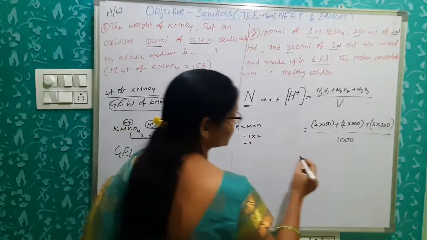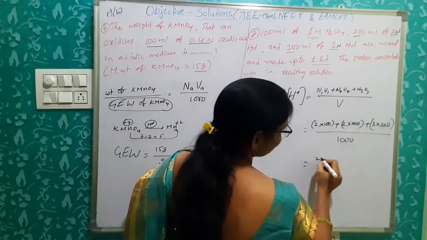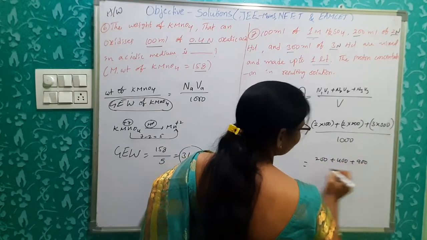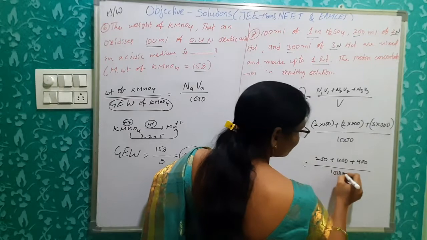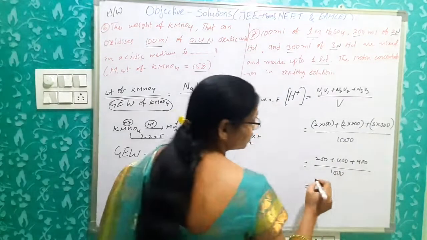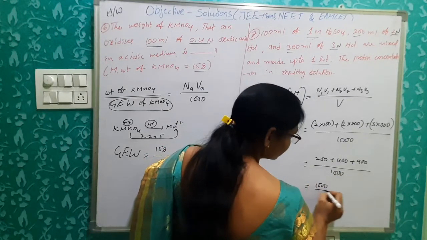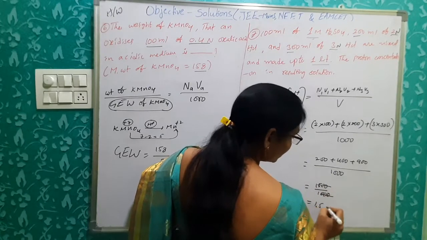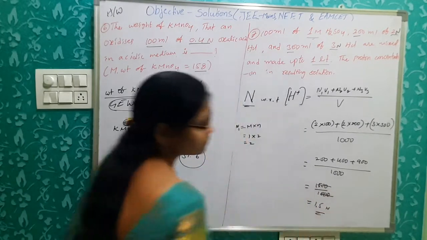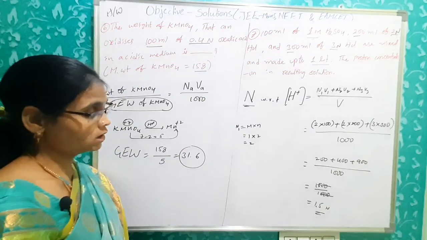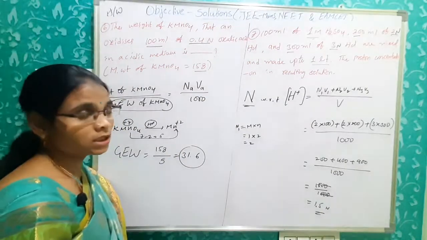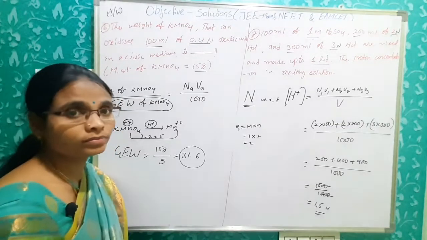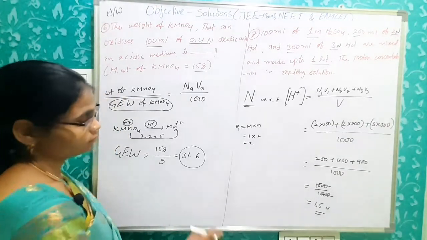Okay, that is equal to 200 plus 400 plus 900 by 1000. 1500 by 1000, that is equal to 1.5 N. So the proton concentration, or total normality, of the resulting solution is 1.5. Clear?